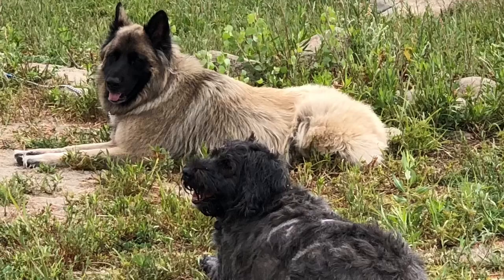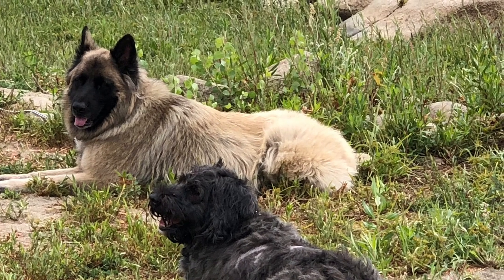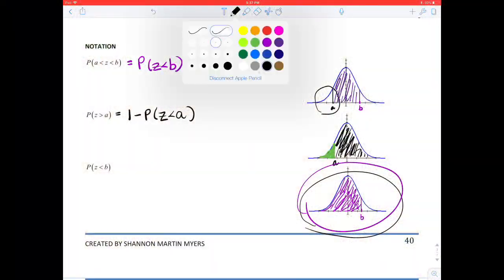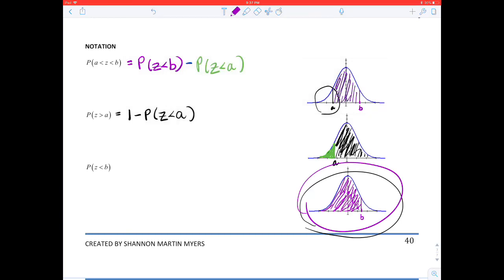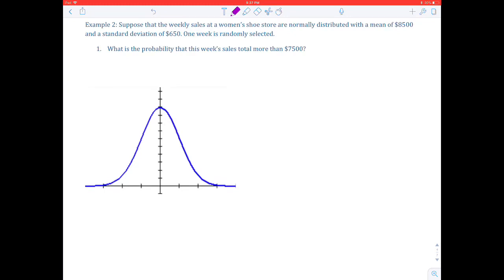Turns out this is also equal to the probability that Z is less than negative A. It's very straightforward. You just view that and you get your area. Okay so far? Awesome. All right, let's look at an example.